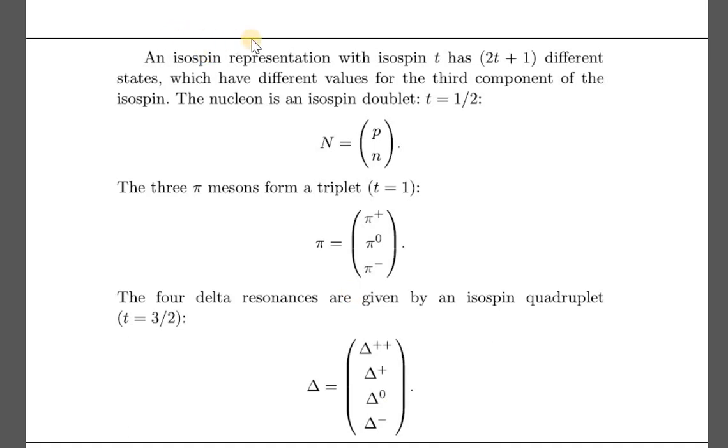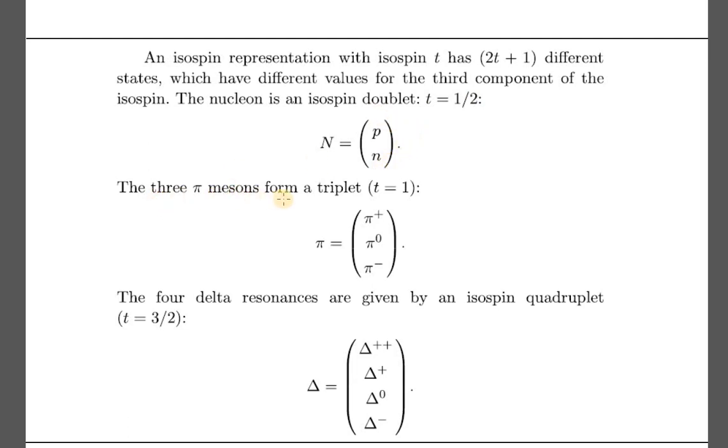So you see, an isospin representation of isospin T has 2T plus 1 different states, which have different values for the third component of the isospin. For example, the nucleon, which is an isospin doublet having T equal to half, so Tz will be plus half and minus half, the two components, proton and neutron.